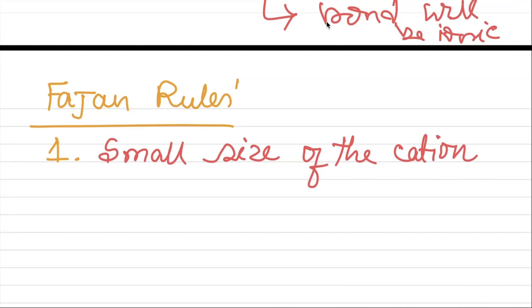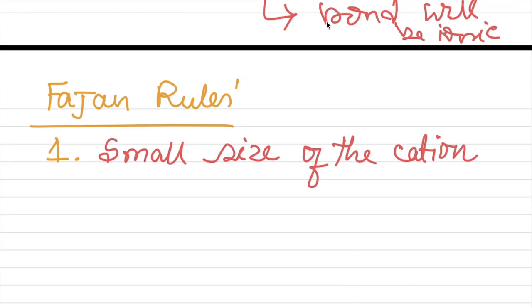Now, if the cation is small in size, obviously its electron density will be less, and the power of the nucleus will be high.